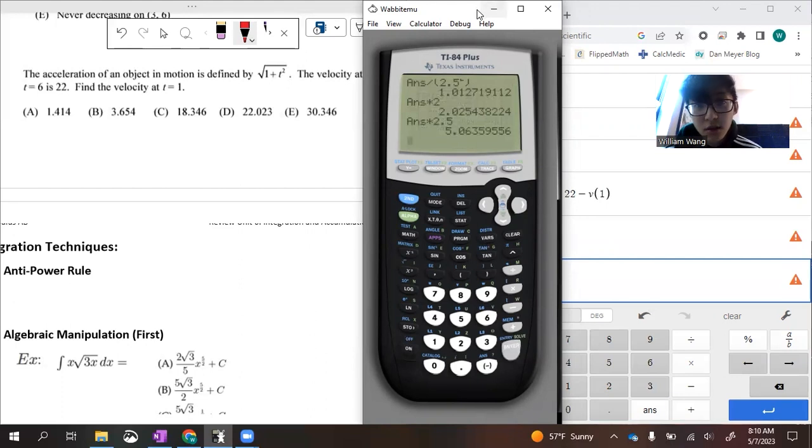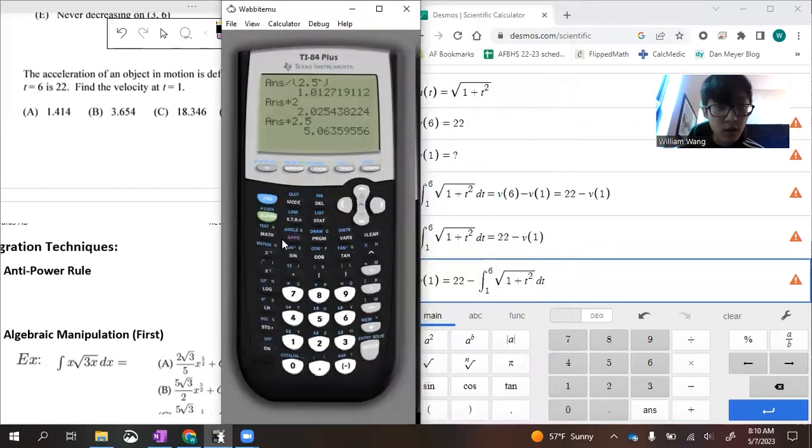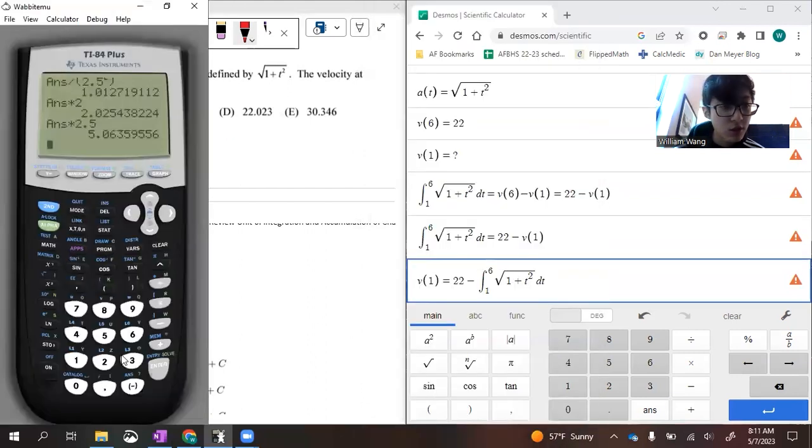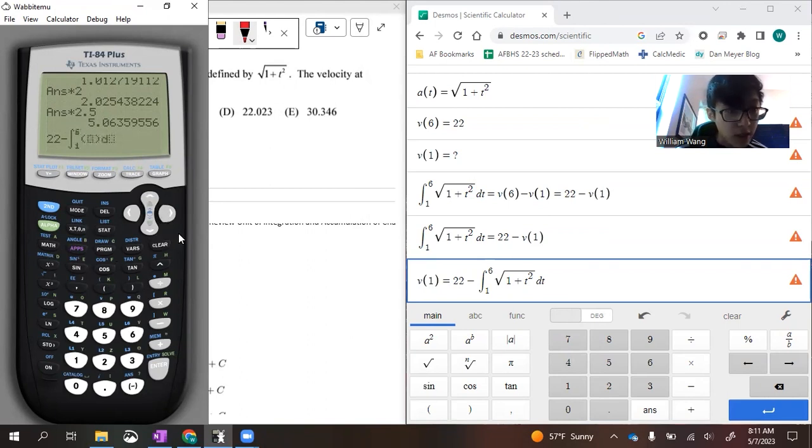Let's solve for my integral. Let's do it all together. You could do this separately. You could do this all together. 22 minus. I'm going to then go to my math function. Math. Remember, we can go to fnInt to solve my integral. I go from 1 to 6 of my square root.